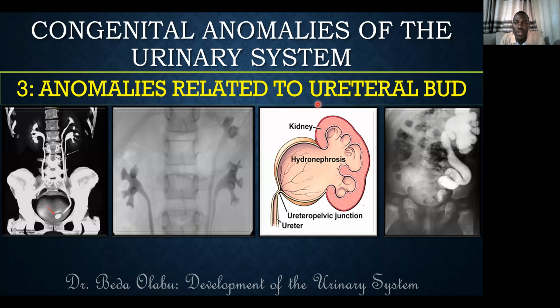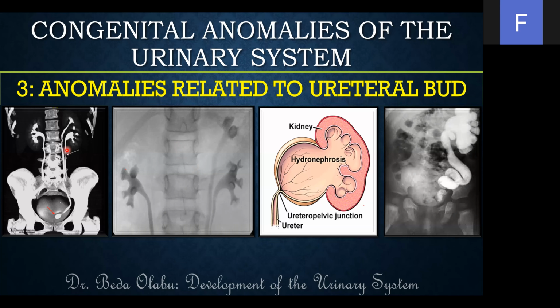I've told you that the ureteral bud gives you the urine collecting structures: ureters, renal pelvis, major calyces, minor calyces, collecting ducts. I want you to look at the urine collecting structures. The urinary passages is the problem here, not the kidney itself.